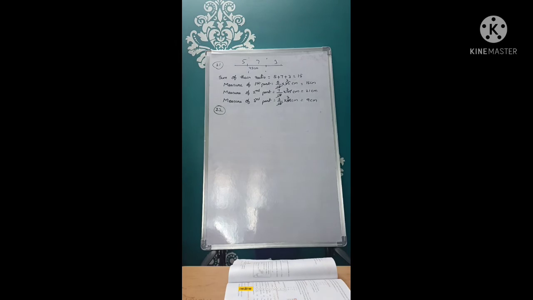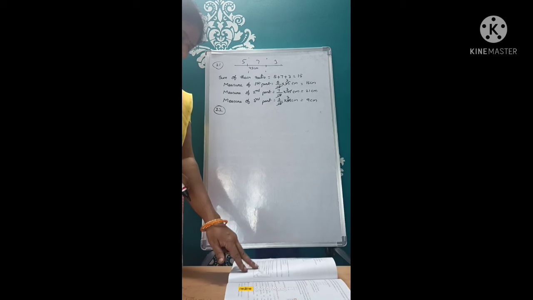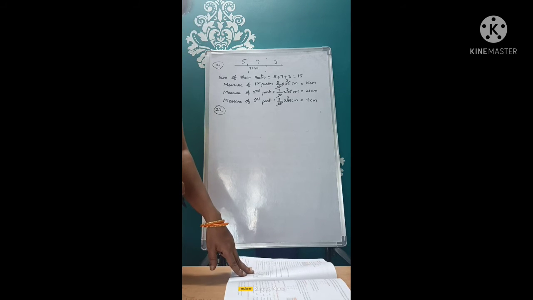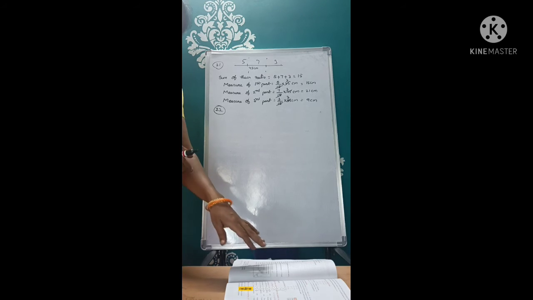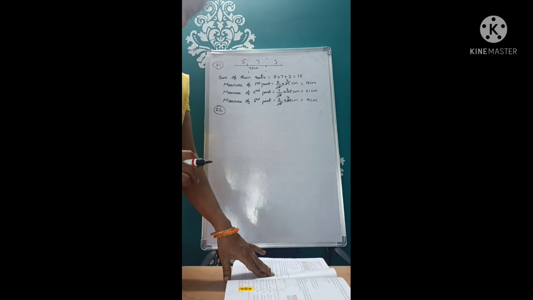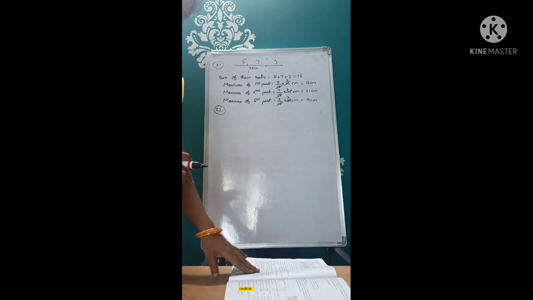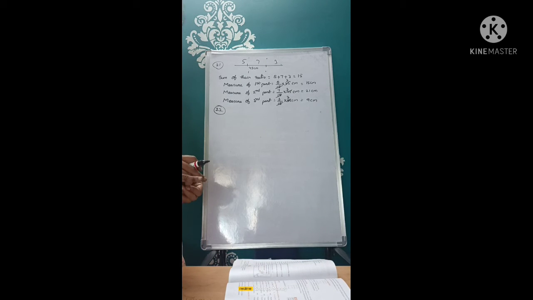Question number 22. Two numbers are in the ratio 3:7. If 4 is added to each of them, then the ratio becomes 1:2. Find the numbers.